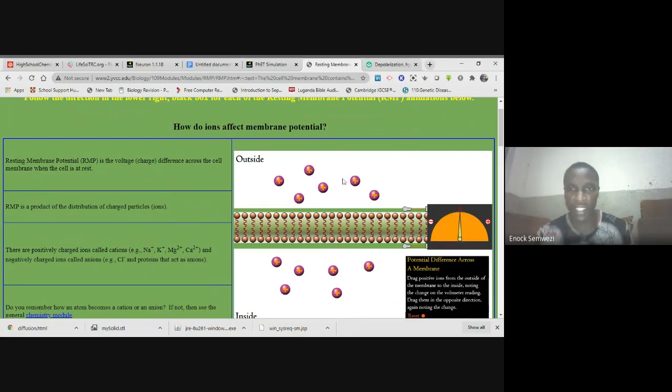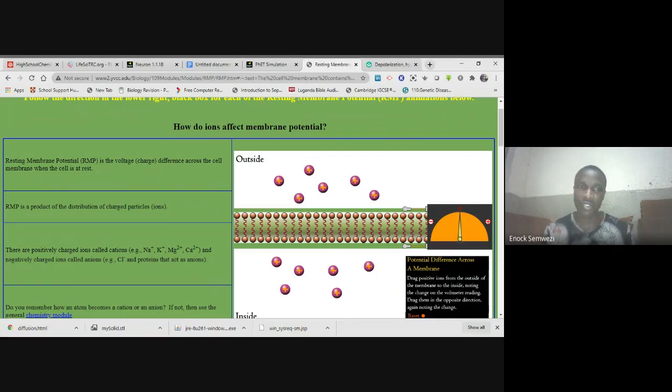This part is the outside of a cell, and this part is the inside of the cell. At rest, when the membrane is not tampered with, it has a specific potential, which you call the resting membrane potential, which can be measured by a voltmeter.